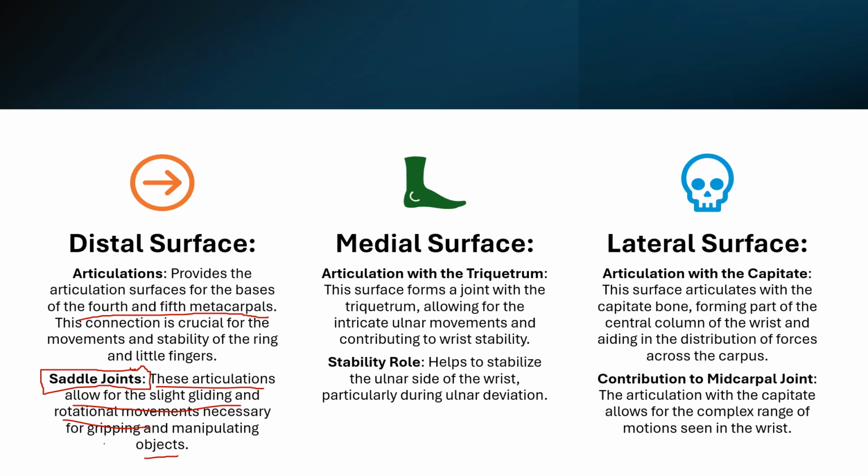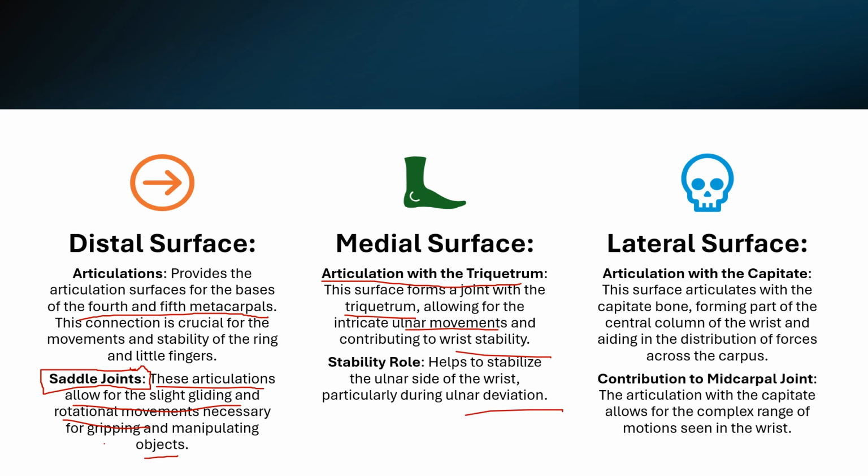The medial surface articulates with the triquetrum, and this surface forms a joint with the triquetrum, enabling intricate ulnar movements and contributing to wrist stability. This helps to stabilize the ulnar side of the wrist, particularly during ulnar deviation.